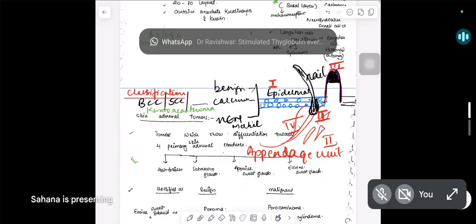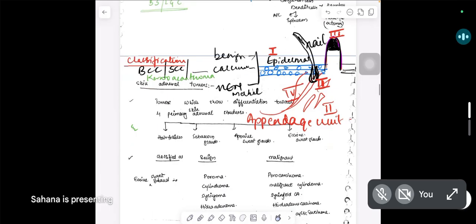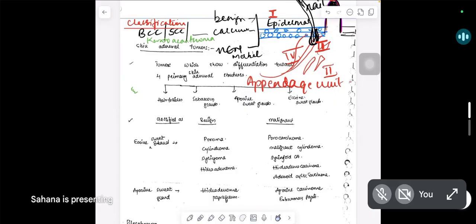So in benign you can write all the omas. Then in carcinoma, we all know melanoma, BCC, SCC. Keratoacanthoma is a special entity which is taken out from SCC, and it is mentioned separately, even having benign and malignant entities. Merkel cell you can mention. Then the appendage unit, that is hair follicle, sebaceous gland, apocrine and eccrine sweat glands.